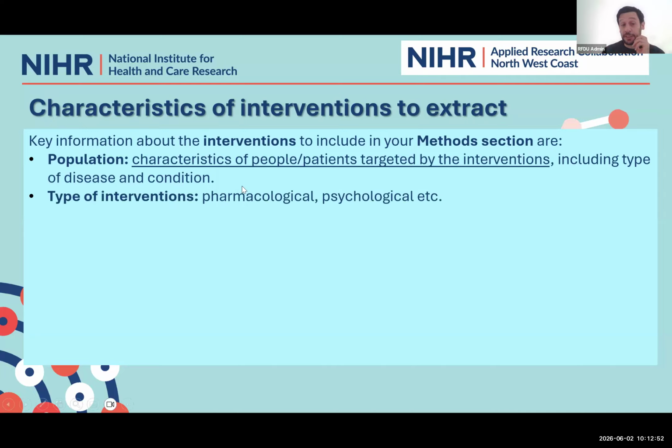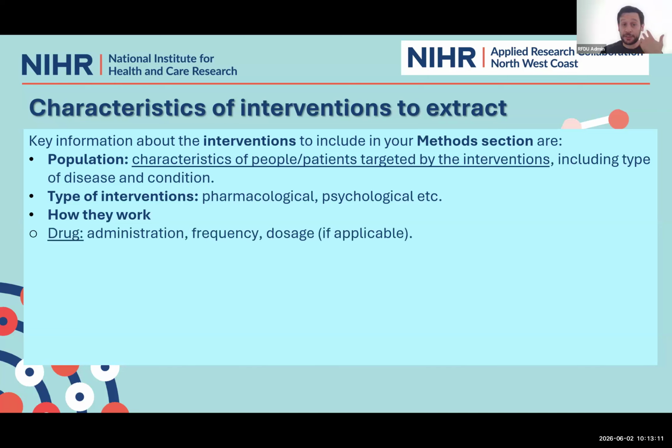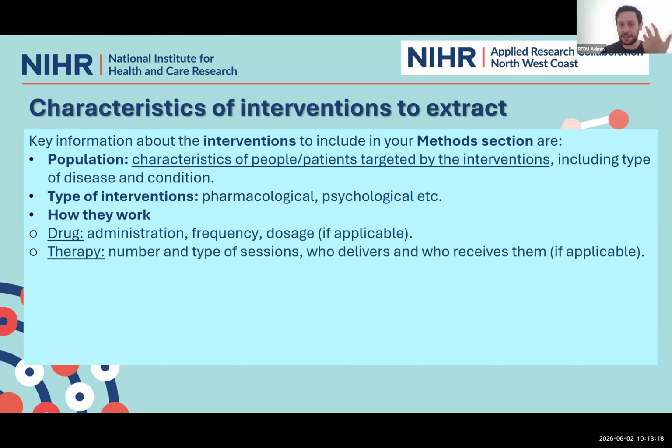And then you should also be able to find the type of interventions being compared, whether it's a pharmacological intervention or psychological or a combination of both and so on. Within the method, again, we should find some information about how the interventions work. So if it's a drug, administration, frequency, dosage; if it's a therapy, the number and type of sessions, their frequency, who delivers the sessions, who receives them, and so on.